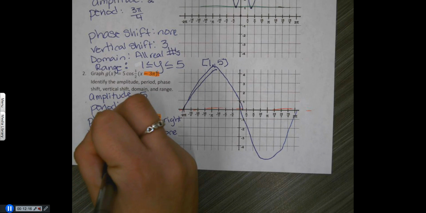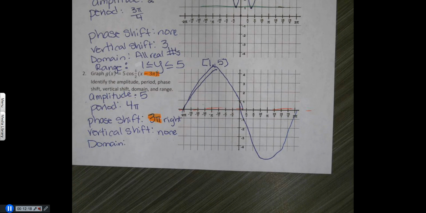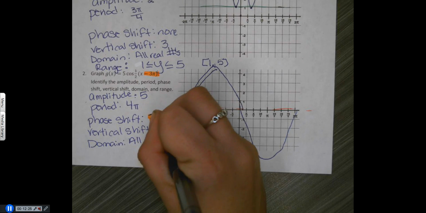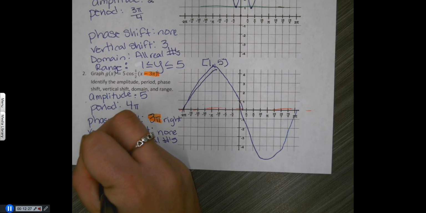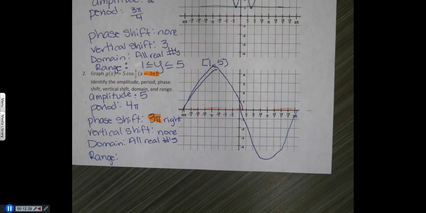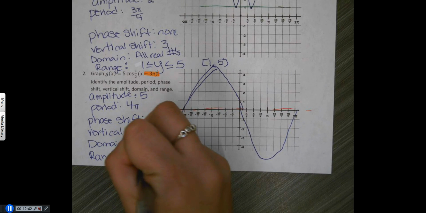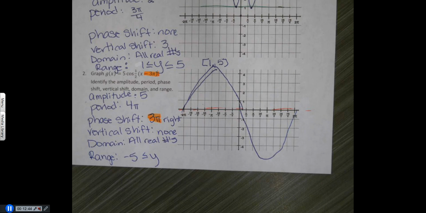And then domain is all real numbers because it's going to keep going left and right forever. And my range. What's the lowest point right here? Like the y value. Negative 5 is less than or equal to y, because y is the letter for range.